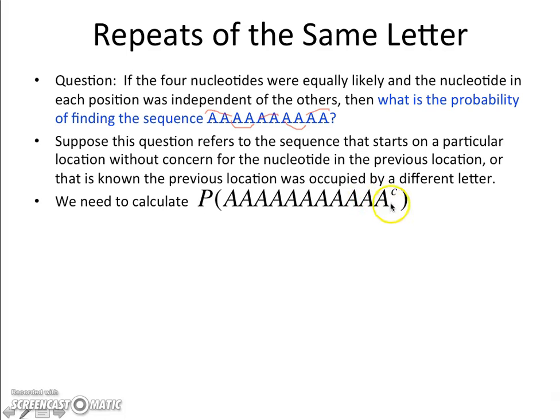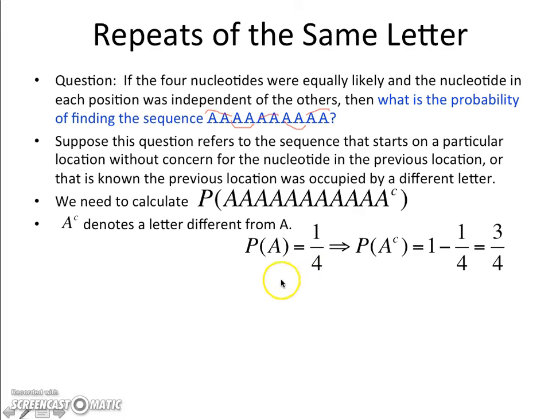And then the 11th position is A to the C, where A to the C denotes a letter that is different from A. Remember, we're working with an alphabet that has 4 characters. And so we are considering a sequence with 11 positions such that the last position is a letter different from the letter that has been previously repeated.